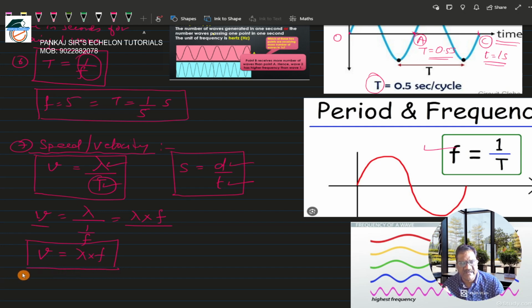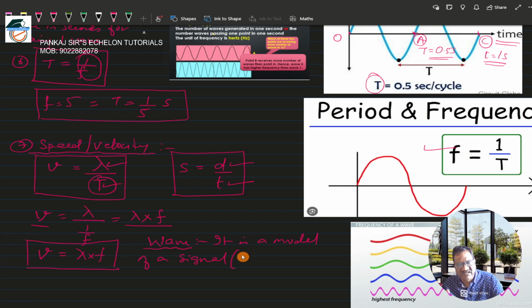So a very important aspect of a wave that I'm going to talk about before ending today's session is this one. The complete meaning of a wave is now this. A wave is a model of a signal.